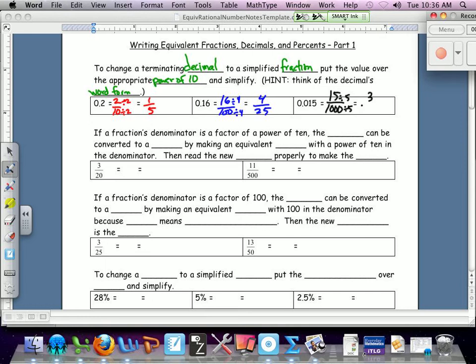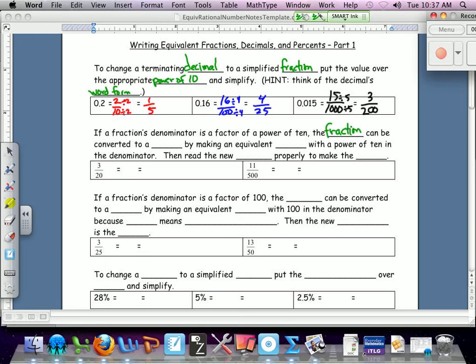So it's to the thousandths place. So then I divide by 5, and I get 3 over, some people might want to say 20, but if you check back, 20 times 5 gets us 100. We want 1,000. So 3 over 200.